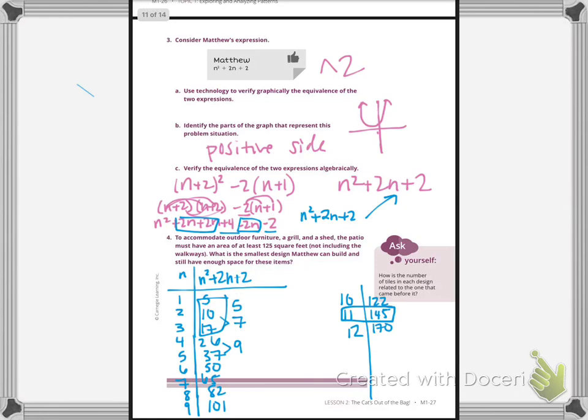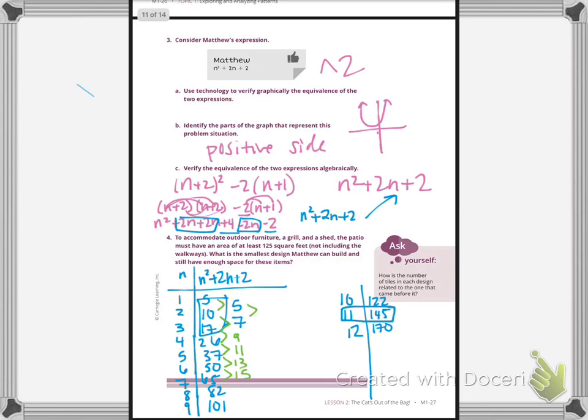Here, I'll do it in different colors. 50 minus 37. I messed up this green one. This 9 should be up higher. This is the 9. Okay, there we go: 11, 13, 15. There's my first difference.